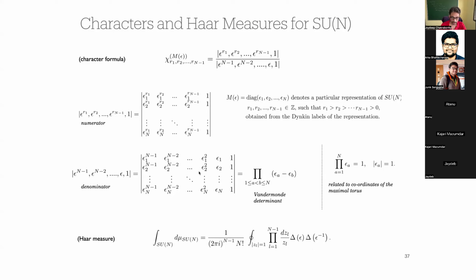As we have learned, there is no quantity here that differs for different representations. That's why this quantity delta epsilon is independent of the representations for a given group. This is a fixed quantity, and that helps us define the Haar measure. So in the Haar measure there is no dependency on the representations, and that is what is expected.